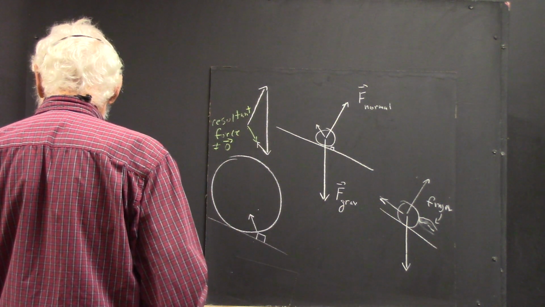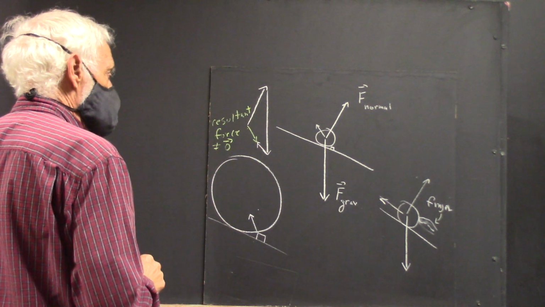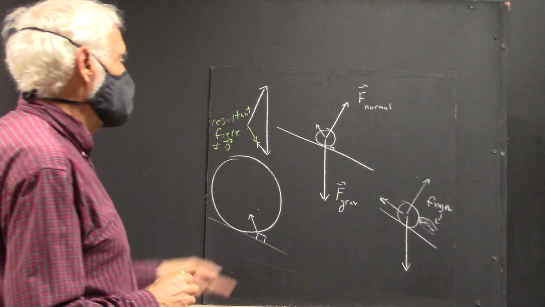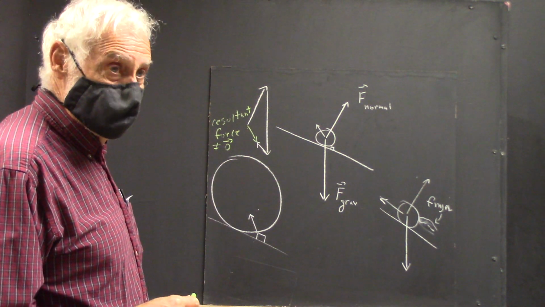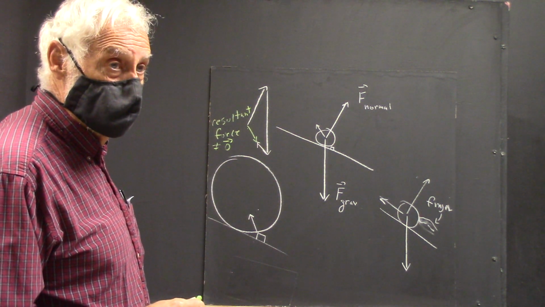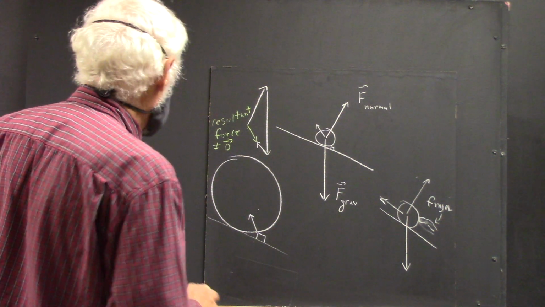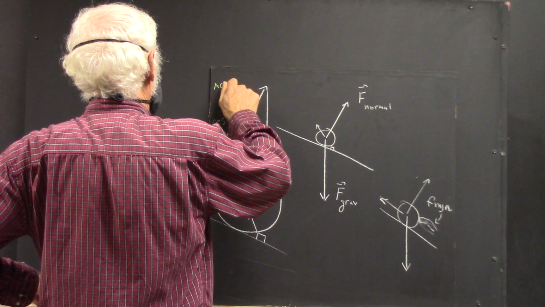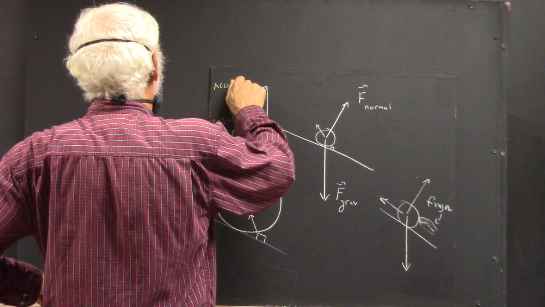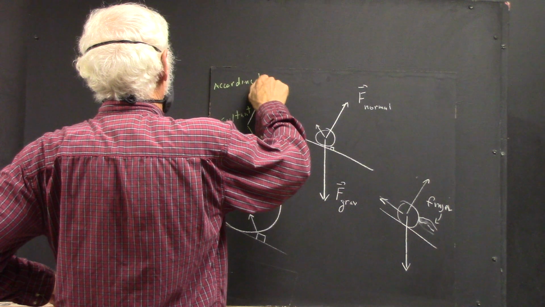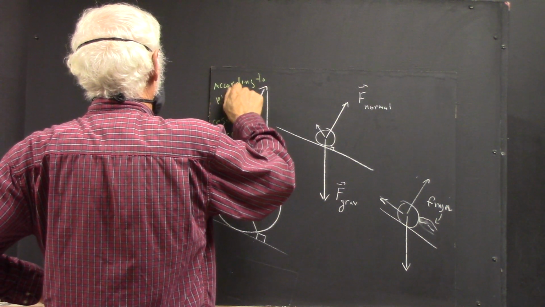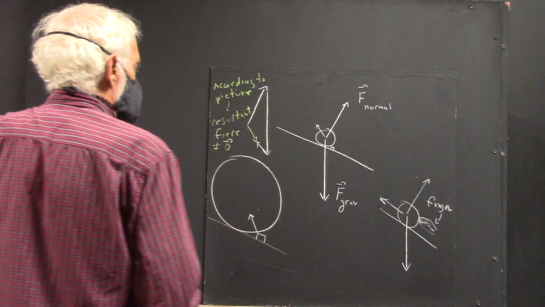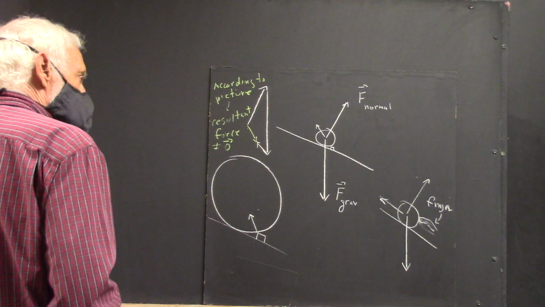Resultant force is not the 0 force. This means that I didn't draw the picture right. My picture wasn't completely accurate. Okay? So the resultant force isn't equal to 0.